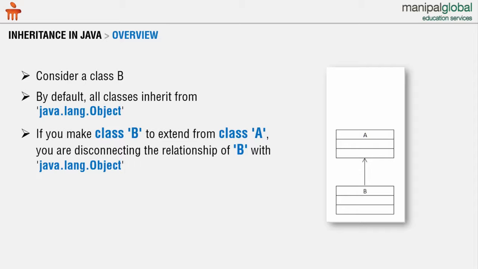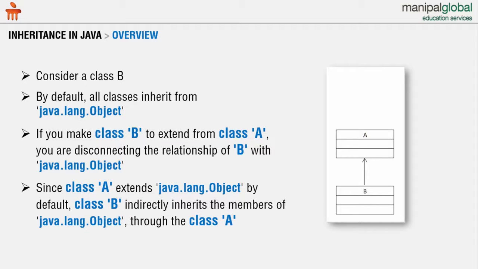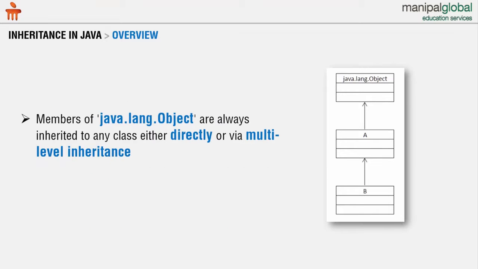However, since every class inherits from java.lang.Object, class A also inherits from java.lang.Object. So automatically the features of java.lang.Object are inherited to A, and through that to class B. Members of java.lang.Object are always inherited to any class, either directly or through multi-level inheritance.